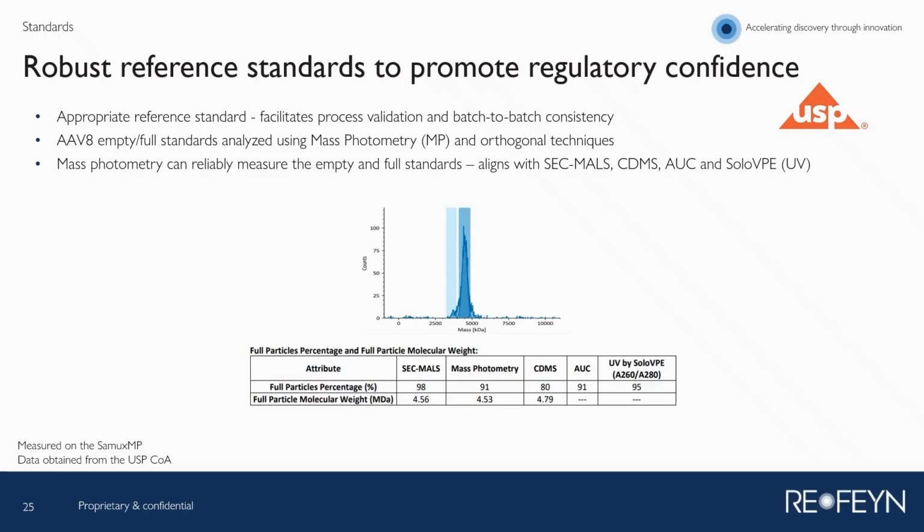US Pharmacopoeia has recently released their AAV empty and full standards, for which they've used mass photometry alongside other orthogonal techniques, which are SEC-MALS, CDMS, AUC, and solo VPE, to characterize their products. The data snippet below is from the Certificate of Analysis of the AAV8 full standard. The data shows that mass photometry reliably measured the full population, all in alignment with the orthogonal techniques in the industry.